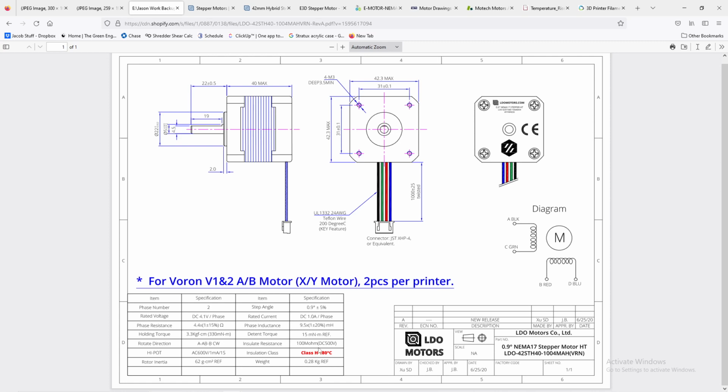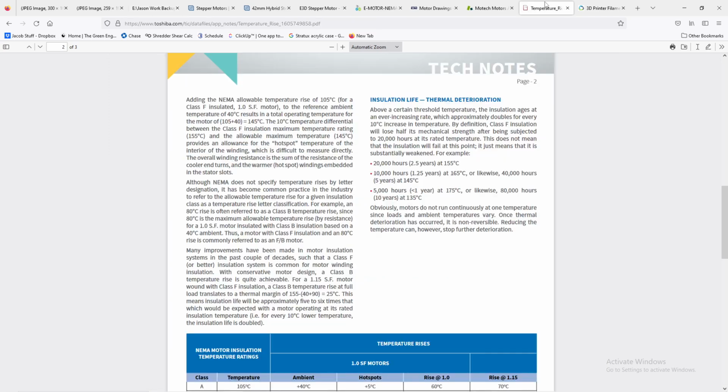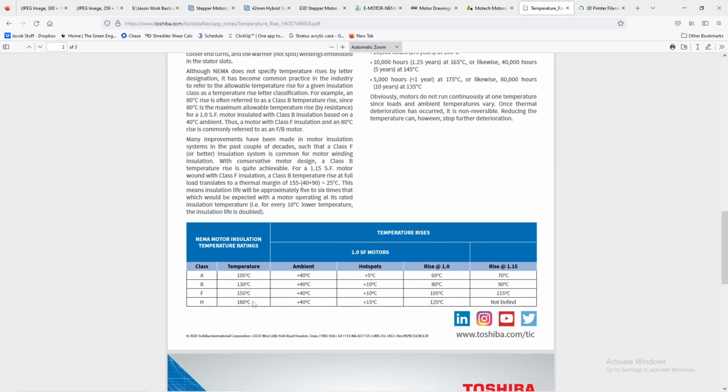The reason why is that they have a class H insulation, which is rated at 180C, and we'll talk about the 180C. Basically, the 180C is the max temperature that you can have. So that's 40 plus 15 plus 125. That means the motor can max hit 180C before you have failure, right?